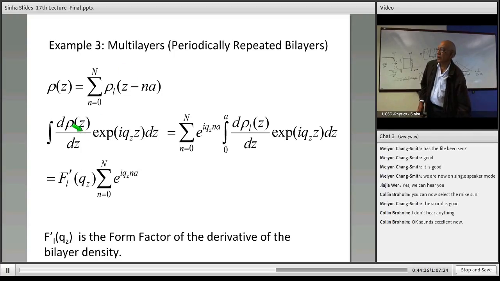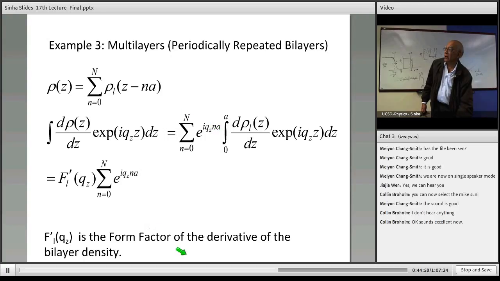So if we take the derivative of this expression and Fourier transform it, then you can see that I can reduce the integral to just the integral over one period, by shifting the origin for each bilayer and pulling out the corresponding phase factor in here.